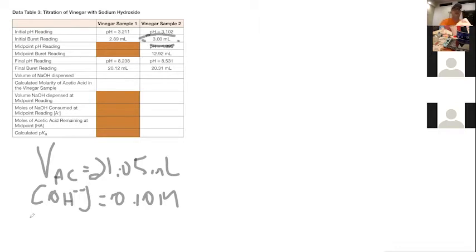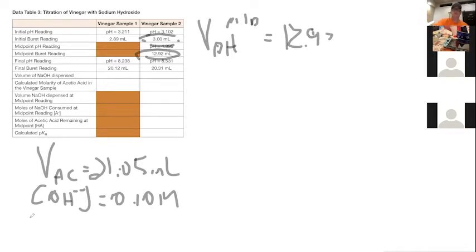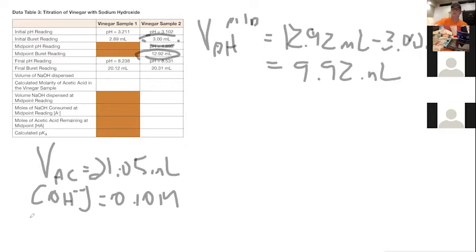It was 3, and midway through the titration, this was the burette reading. So the volume of hydroxide midway is 12.92 mils minus 3.00 mils, or 9.92 mils. So that's important for us to figure out.